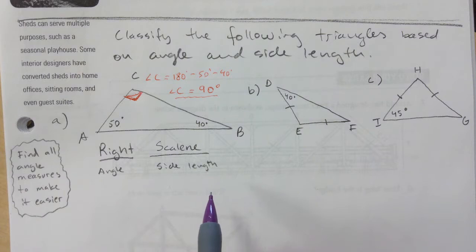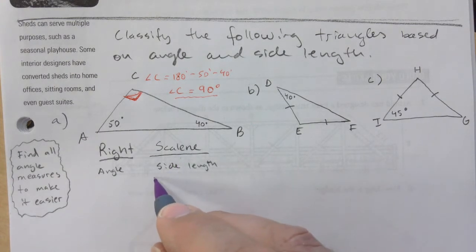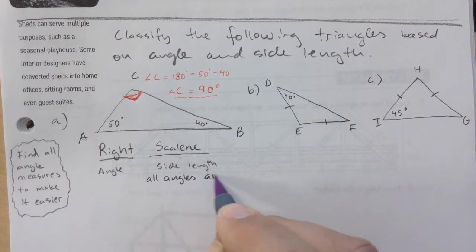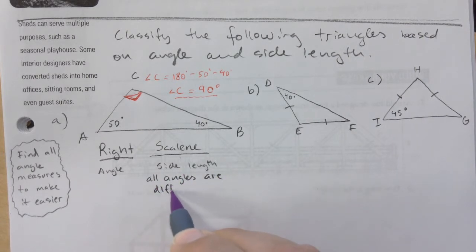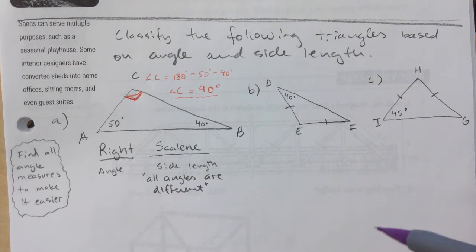Okay, so we didn't know any side lengths per se, we didn't calculate it, but we can still make this, right? I will say here, all angles are different. And by that I mean have different measures, right? So there it is.